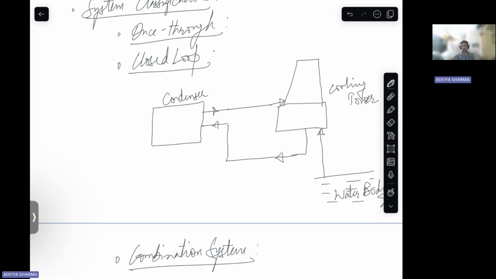But before releasing it to the water body, we cool it down by means of a cooling tower. So this is your combination system, the type of system used for circulating water, right? Okay then.